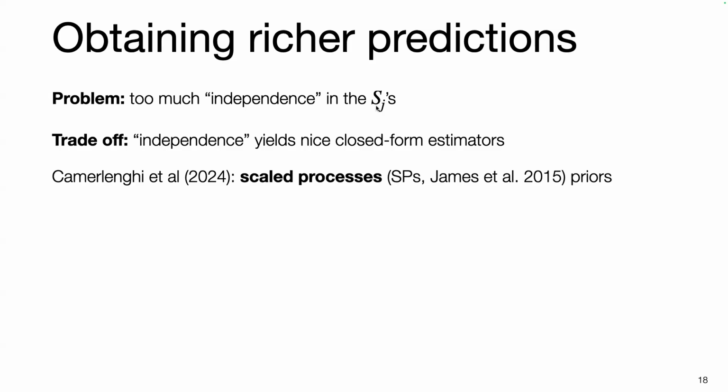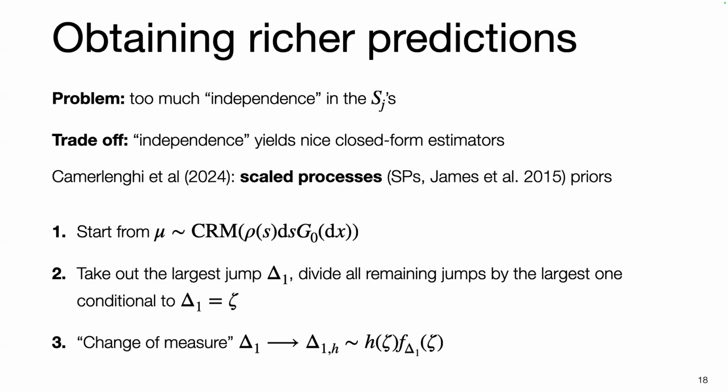The more instead structure we put in the prior, the more dependence we put, the more it is likely that posterior inference becomes intractable, and we will need to simulate using Markov chain Monte Carlo, which might preclude some large-scale applications. So in this context, Camerlenghi and co-authors in 2024 proposed to use scale processes as priors, which is another class of priors from completely random measures, and can be roughly defined as follows. So you start from a completely random measure, a homogeneous one, and you take out the largest jump of this random measure.